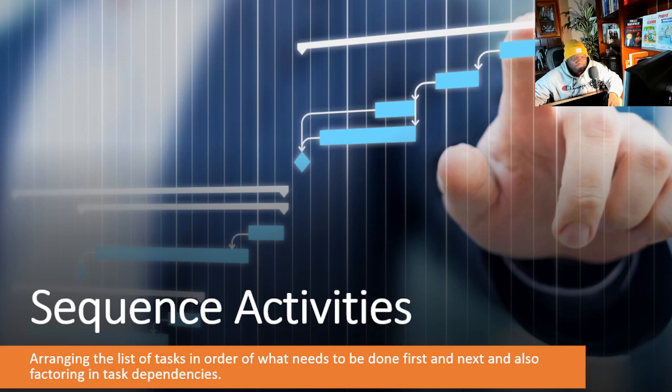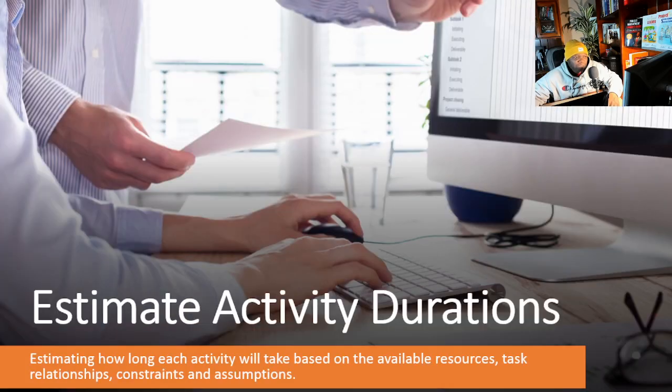The next thing that happens is the process known as estimate activity durations. What we're doing here is estimating how long each activity will take based on the available resources, task relationships, constraints, and assumptions. So let's backtrack for a second.